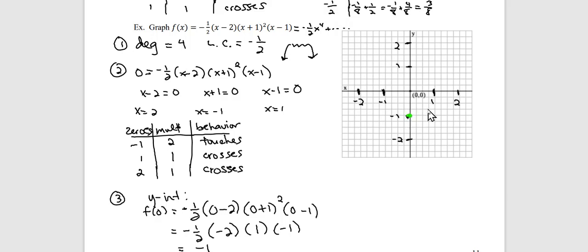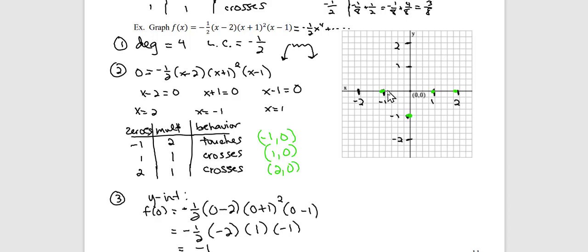That's our y-intercept. We have x-intercepts at (-1, 0), (1, 0), and (2, 0). Here, here, and here. Now we have those points, and that's pretty much it.